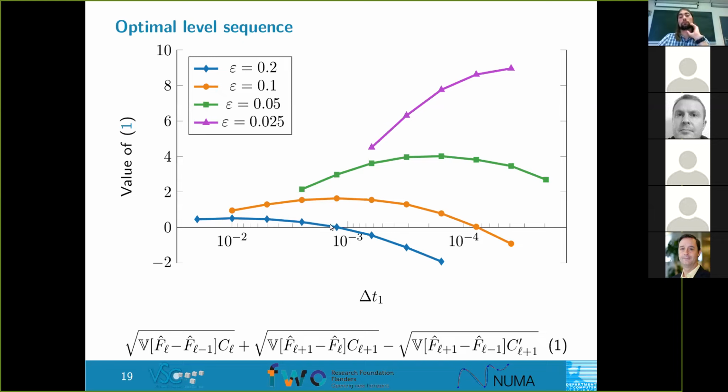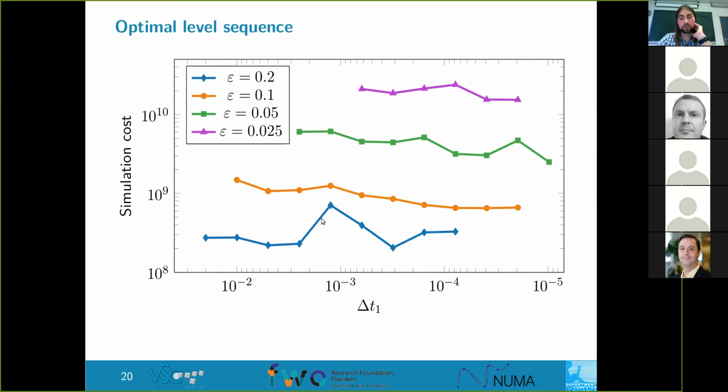So that's from a sort of theoretical perspective, looking at only level 0 and level 1. Now, what happens if we look at the total simulation costs? I'm going to now show, for these same simulations, the total simulation cost.